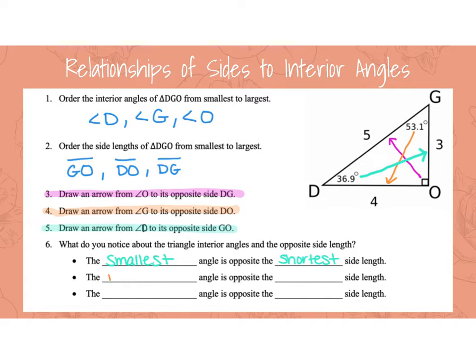The middle angle, G, is opposite the middle side length, DO. And the largest angle, angle O, is opposite the longest side length, side DG.